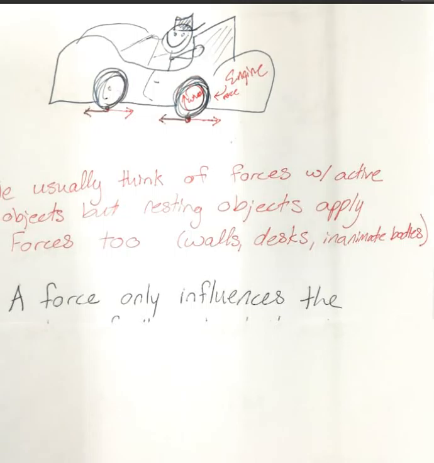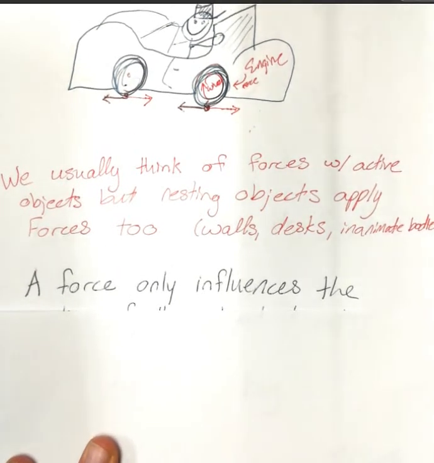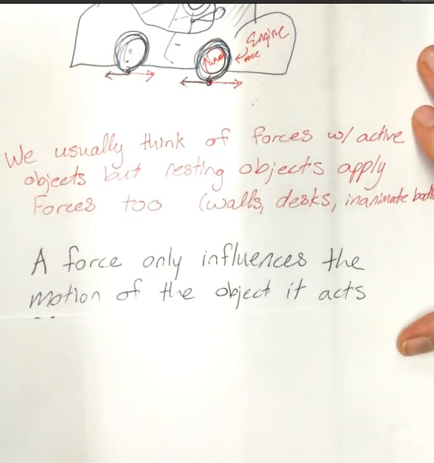So back to the idea that tends to be the largest struggle with Newton's third law: it's important to remember that a force only influences the motion of the object it acts on. And it takes another object to apply a force on an object.